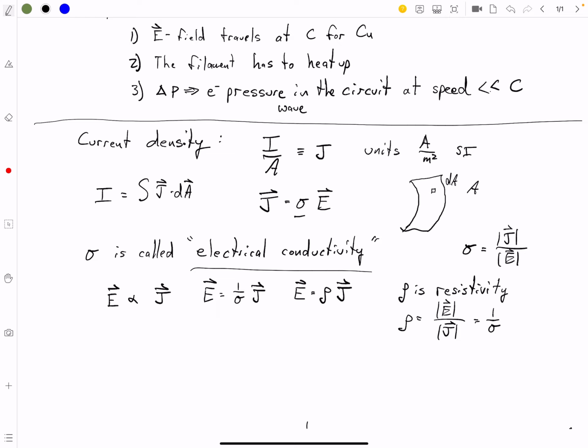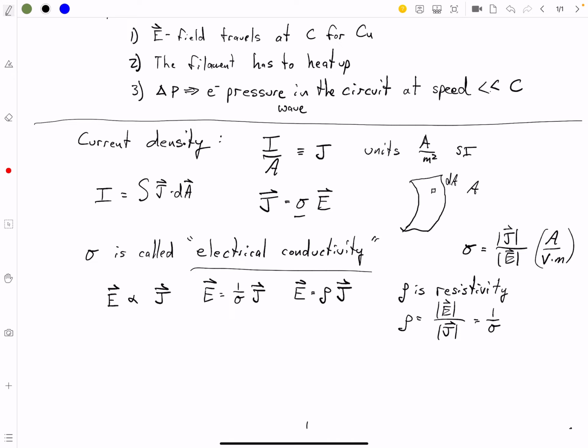Now, here's the thing. I didn't put down units for the electrical conductivity. Maybe I should do that. Let's put the units. Amps per volt meter. That's our units there. Here we've got our resistivity.